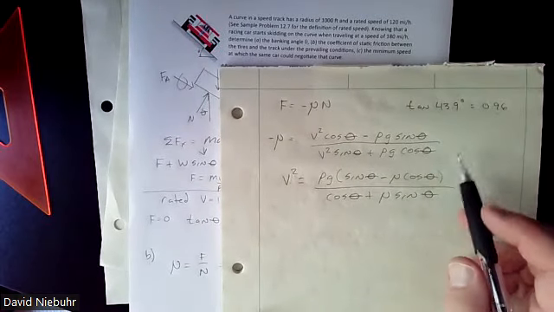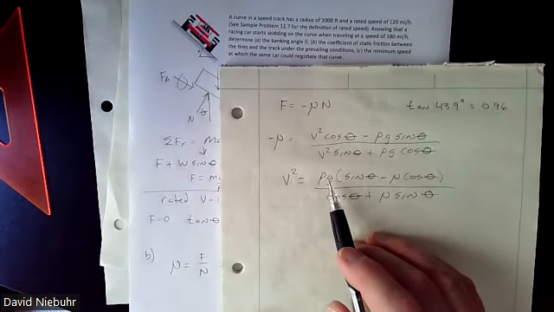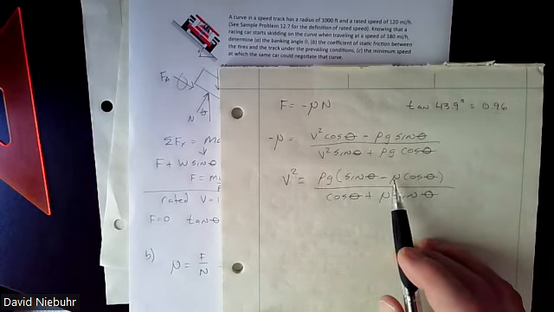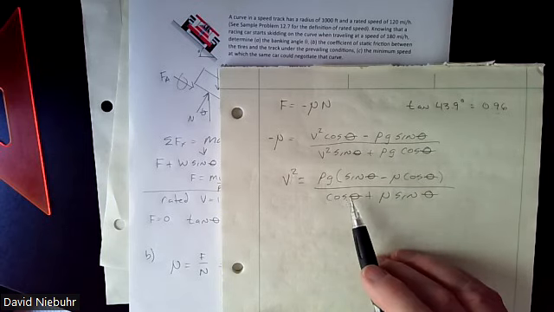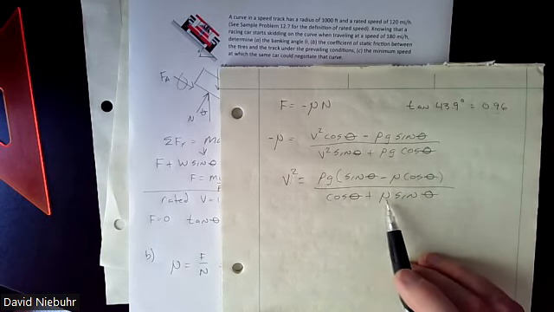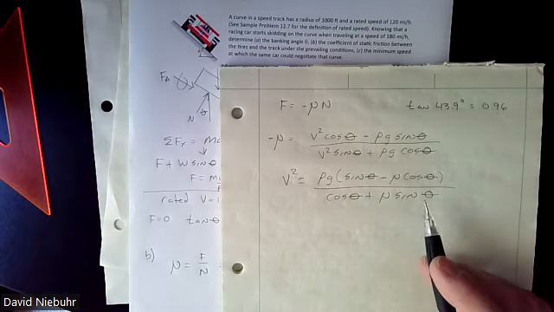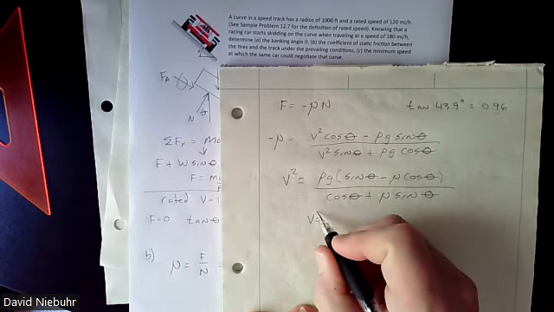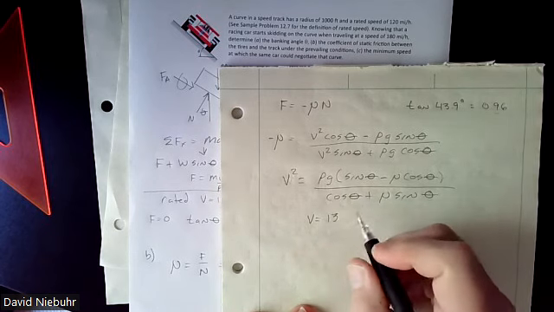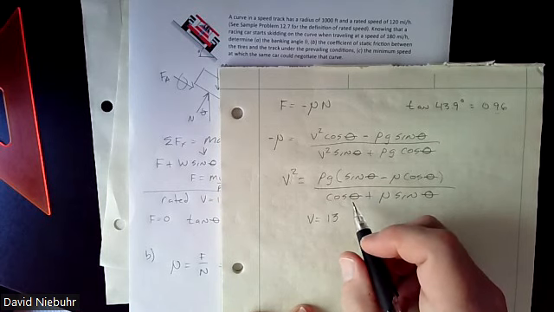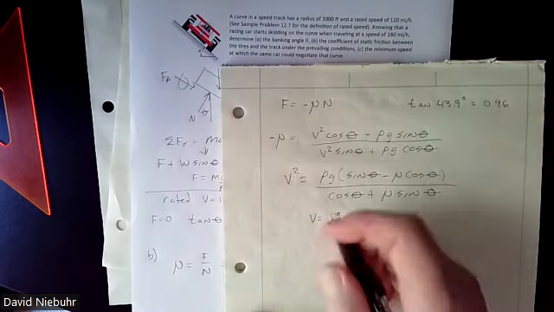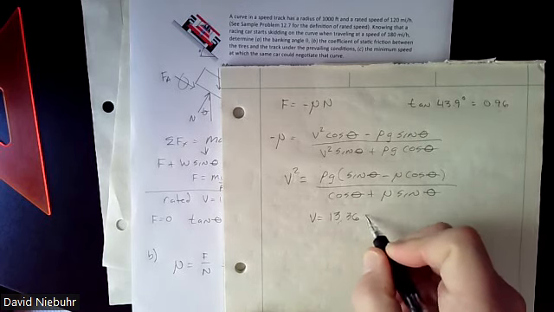All right. So if we go ahead and plug in our values, we know 1,000, 32.2, sine of the angle 43.9, minus 0.39 cosine 43.9, over cosine 43.9 plus 0.39 sine of 43.9. So you could plug that in yourself. So we end up with about 13,369.